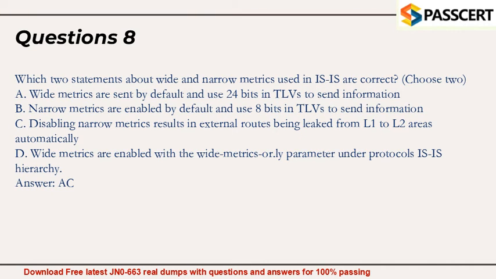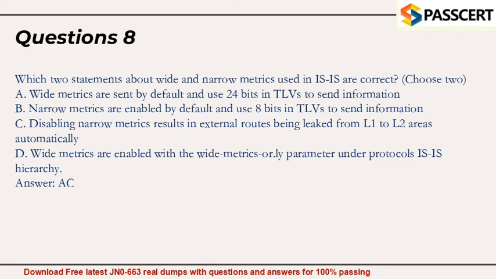Question 8. Which two statements about wide and narrow metrics used in IS-IS are correct? Choose 2. A. Wide metrics are sent by default and use 24 bits in TLVs to send information. B. Narrow metrics are enabled by default and use 8 bits in TLVs to send information.